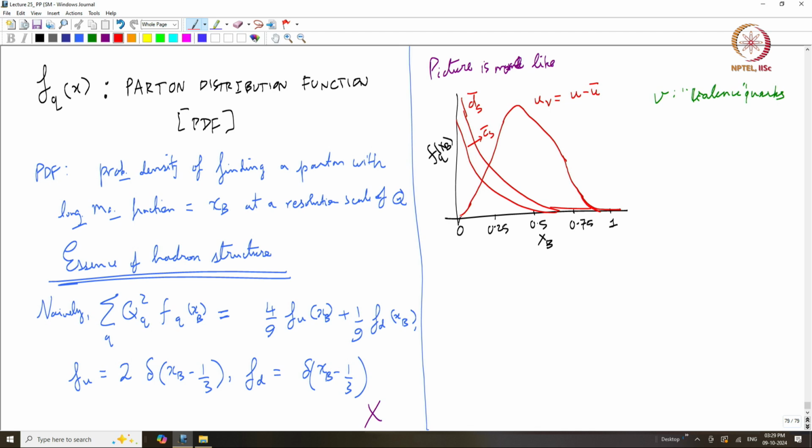Another important thing to draw would be another valence quark, and that is D V, which is nothing but D minus D bar. So, this looks roughly what you expect if you forget about the C quarks.